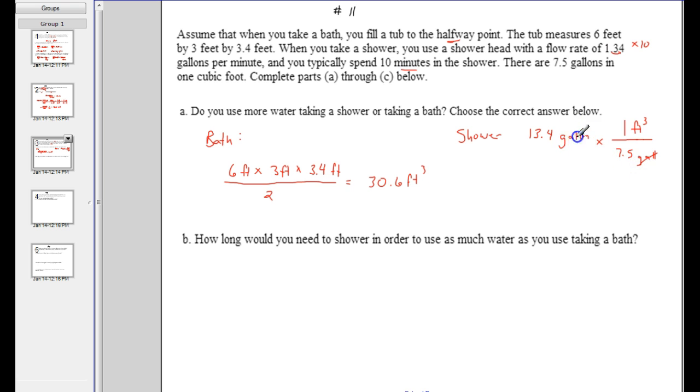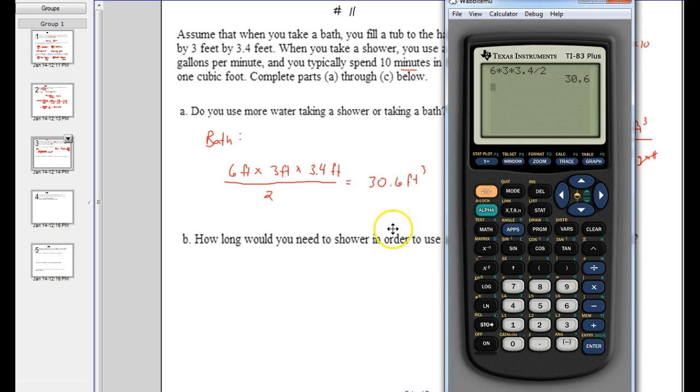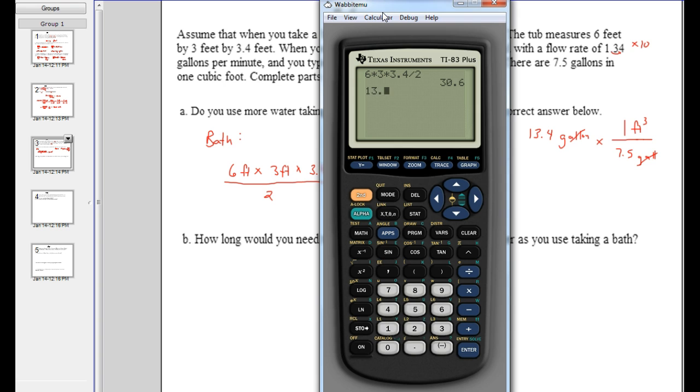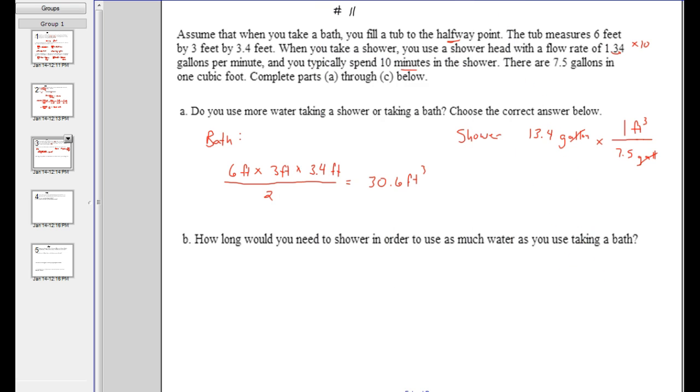Alright, gallons cancel. 13.4 divided by 7.5 is how many cubic feet I end up using here. So that is 1.79 roughly cubic feet.